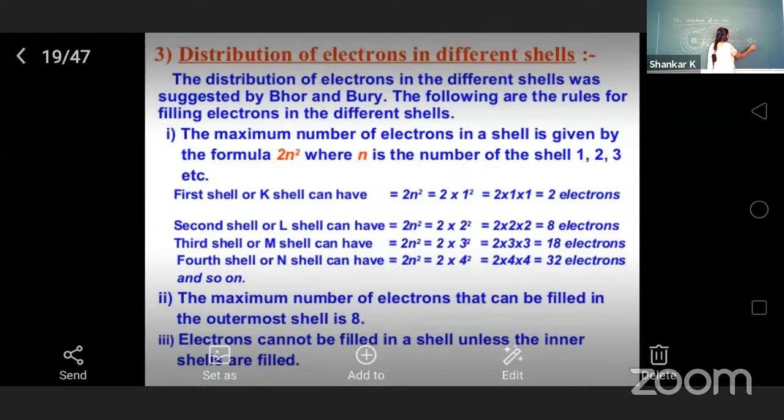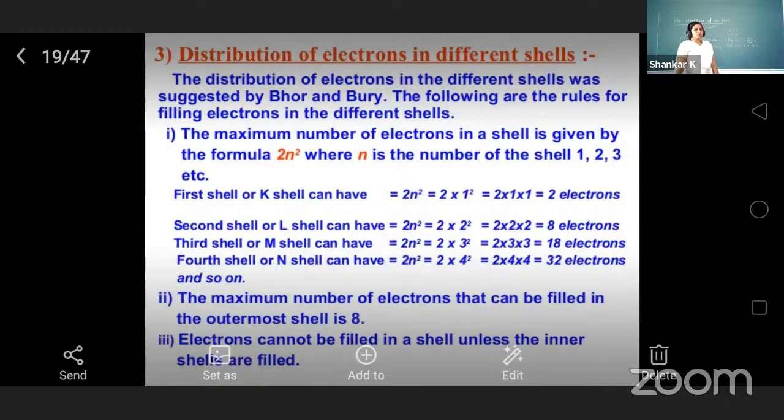Again I take 2 here, it becomes 20. Because the outermost cell becomes 8, continuously it becomes 8, 8, 8 only. It will not come any number more than 8.